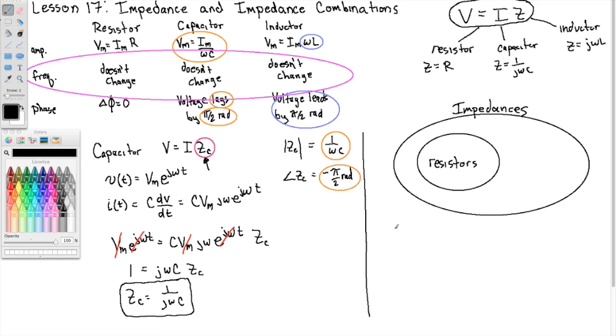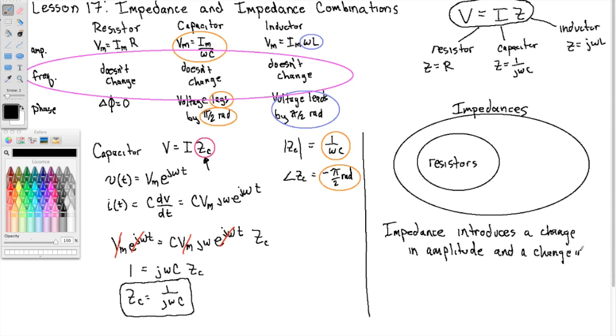In general, an impedance introduces a change in amplitude and a change in phase of the waveforms.